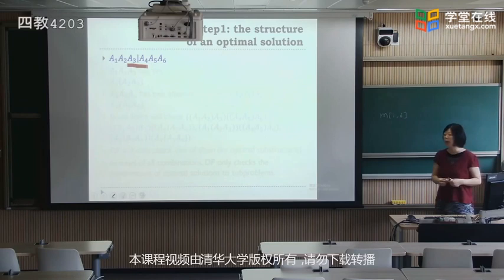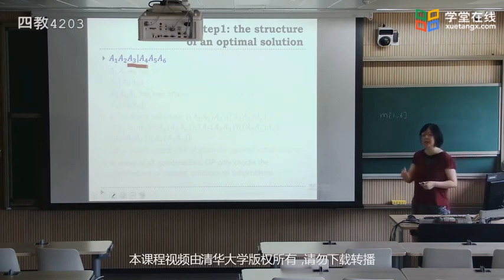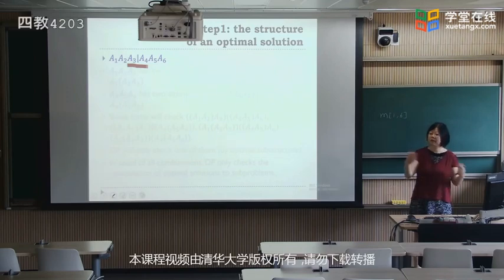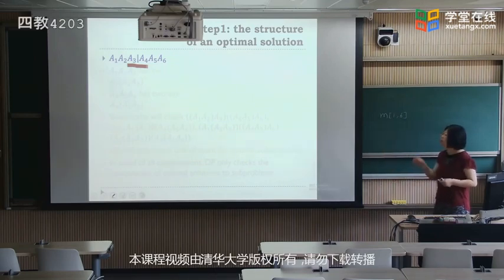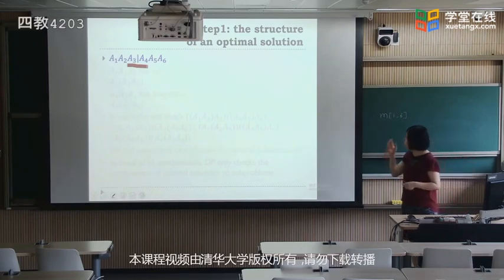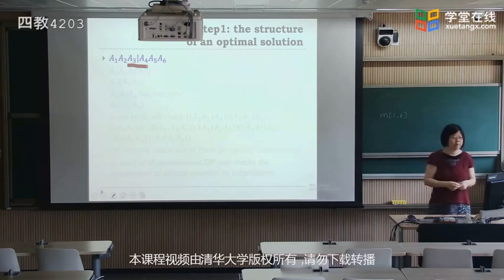Of course, in the optimal solution, the answer can be yes, the answer can be no. Let's say the answer is yes. In an optimal solution, the first split indeed happens between A3 and A4.